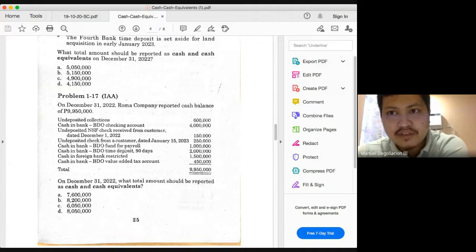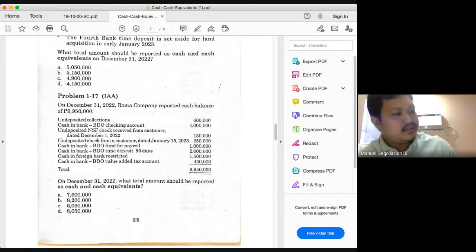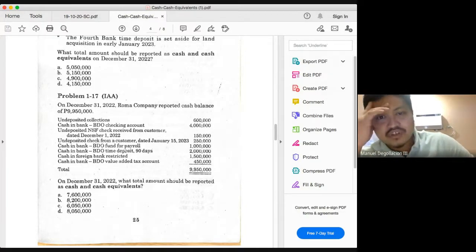Problem 1-17. What total amount should be reported as cash and cash equivalents? Undeposited collections, which will basically be treated as our cash on hand, 600,000. Cash in bank, BDO checking account, included, 4 million.